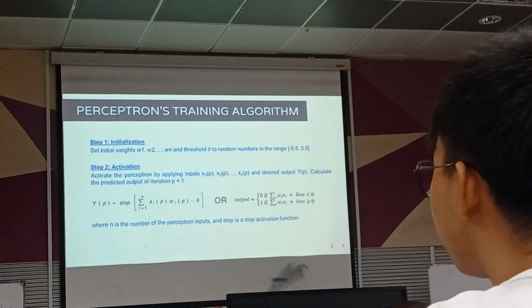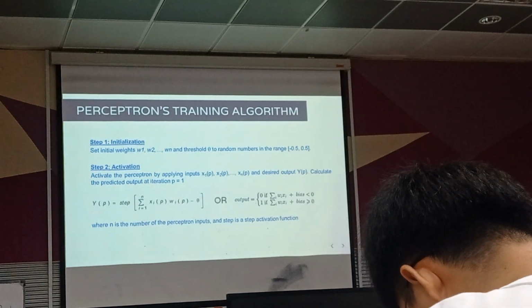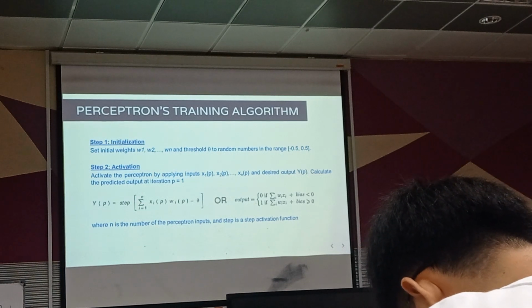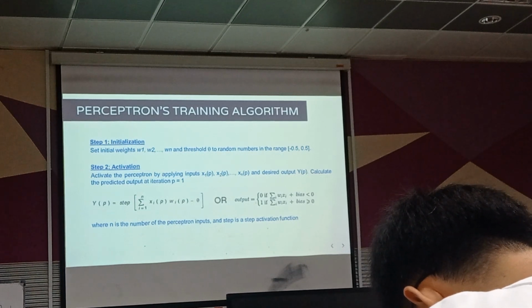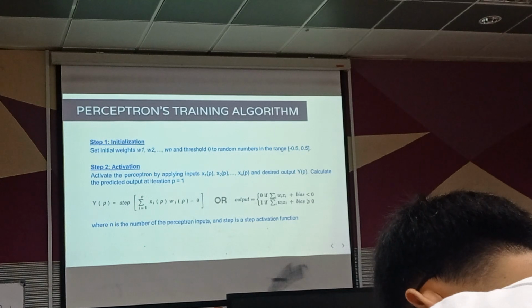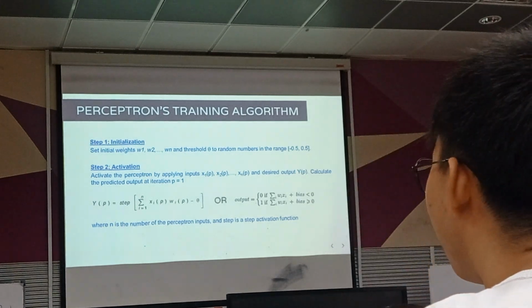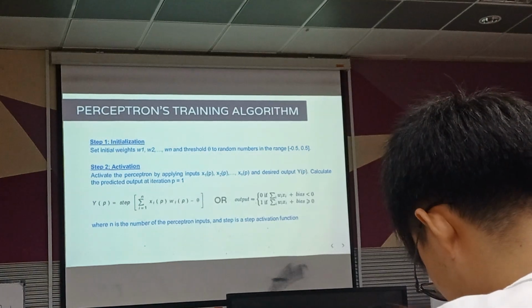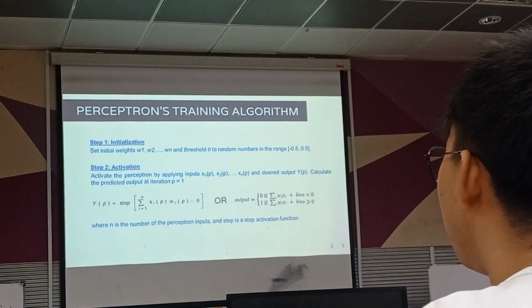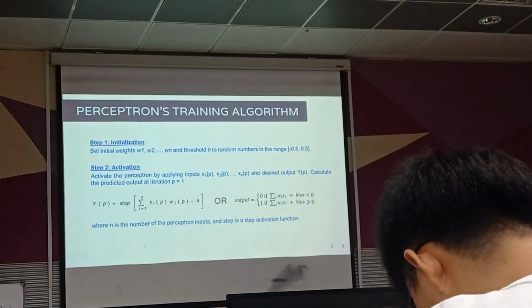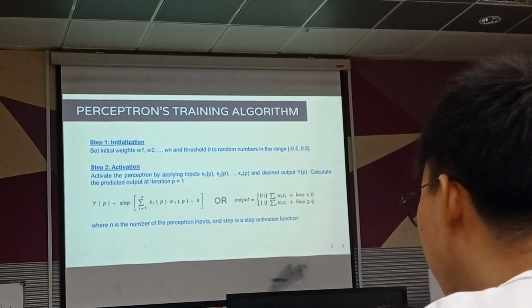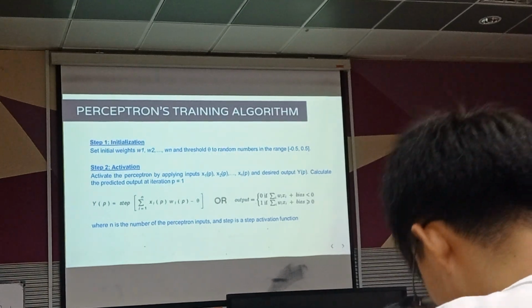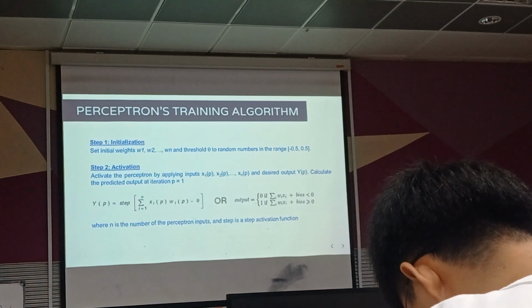You multiply, so you will get some value. What is the value generated from the summation? Weighted sum. Yeah, the value generated from this summation is called the weighted sum.